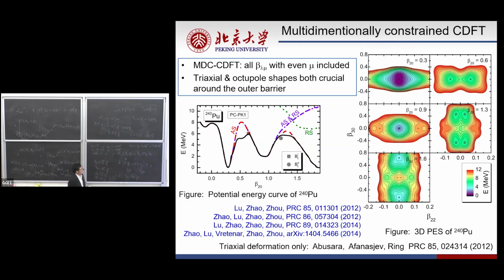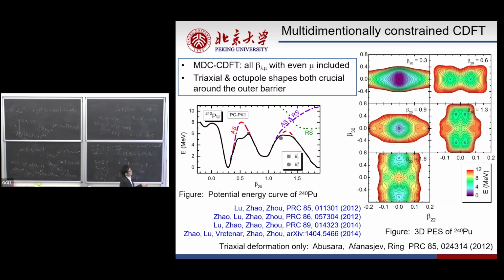And then finally, you see this is the result of how the theoretical calculation could reproduce it. For example, without breaking the axial symmetry in the calculation, you will find we cannot reproduce the inner barrier, and the outer barrier is very high. But after we included the triaxial degree of freedom, the inner barrier and outer barrier heights are reasonably reproduced.